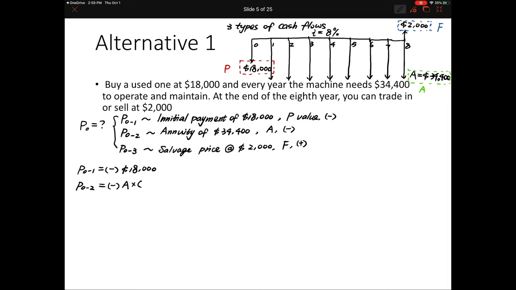So the equation you're going to use is A times a factor, which is to find P given A, given I, given N. The A is negative 34,400. The factor is P given A, I is 8%, N is 8, because you have this annuity for 8 years, right?